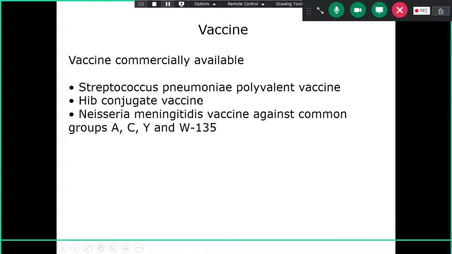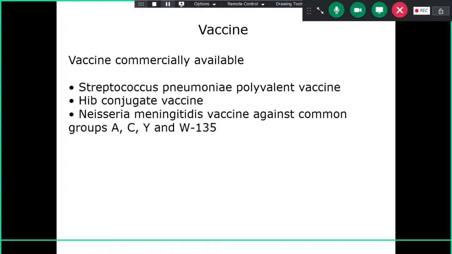Hib conjugate vaccine, we have an excellent vaccine. Neisseria meningitidis, we have an excellent quadrivalent vaccine against subgroups A, C, Y and W. There is also a conjugate vaccine for group A, group C, etc. So for the majority of these causes of acute bacterial meningitis, you have an excellent vaccine available with very high protective efficacy.